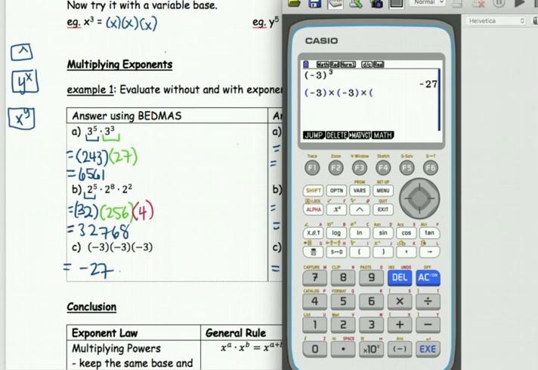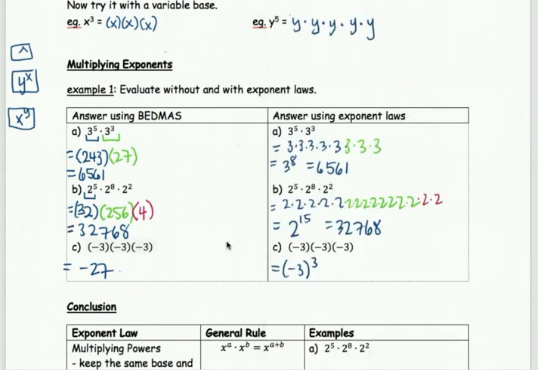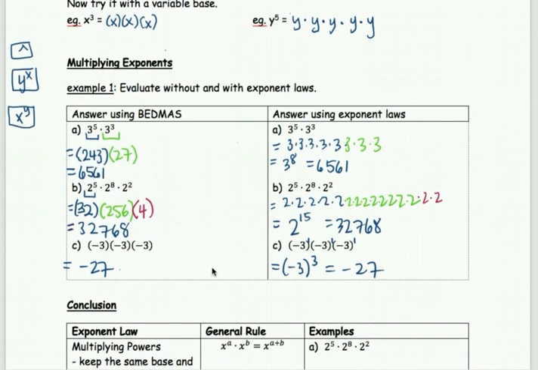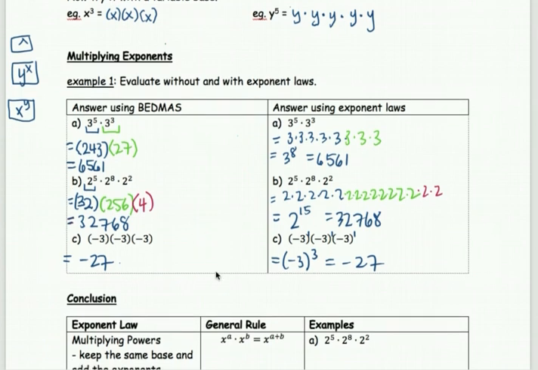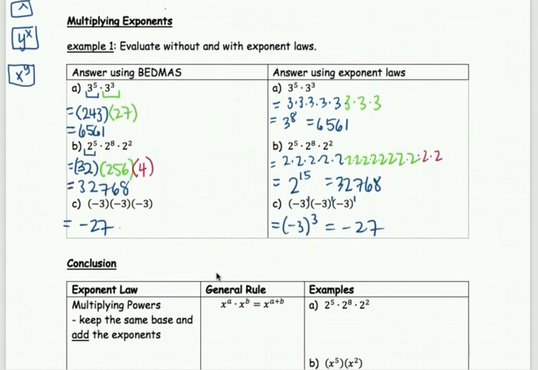Enter, makes -27. So that's what you would have to do on the BEDMAS side, but on the exponent law side, these all have an exponent 1, right? So I'm adding all the exponents to 3, and then I'm just crunching these numbers into the calculator, and I get to my answer, okay? So again, yes, pick up these exponent laws so that you can do things more efficiently.